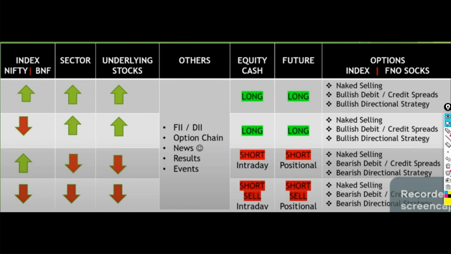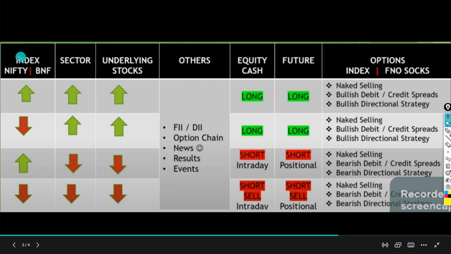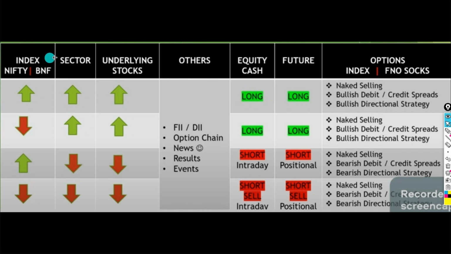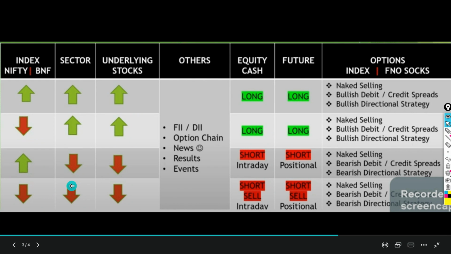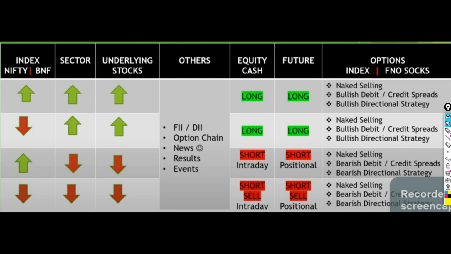That's the reason I keep telling you it's not only about index analysis. Along with the index, you have to do sector analysis. Just because the Nifty is giving a breakdown, you blindly pick Infosys and deploy the put debit spread, but maybe Infosys is going up at that time, and then you'll mess up your trade. So always do sector analysis.